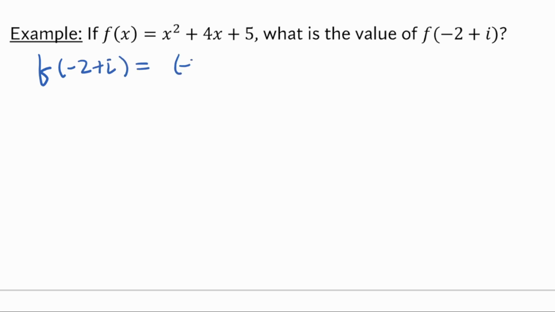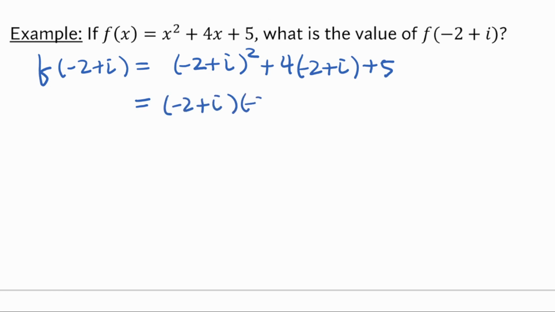So it's going to be -2 plus i, not -2i, -2 plus i squared plus 4 times -2 plus i plus 5. And I could do a little bit of work with that, so that'd be -2 plus i times -2 plus i. I could distribute the 4, so it'd be plus -8 plus 4i, and then plus 5.